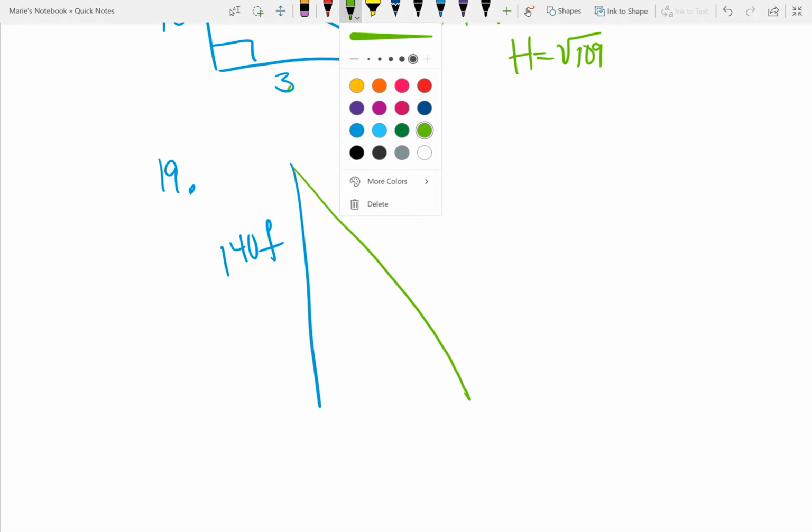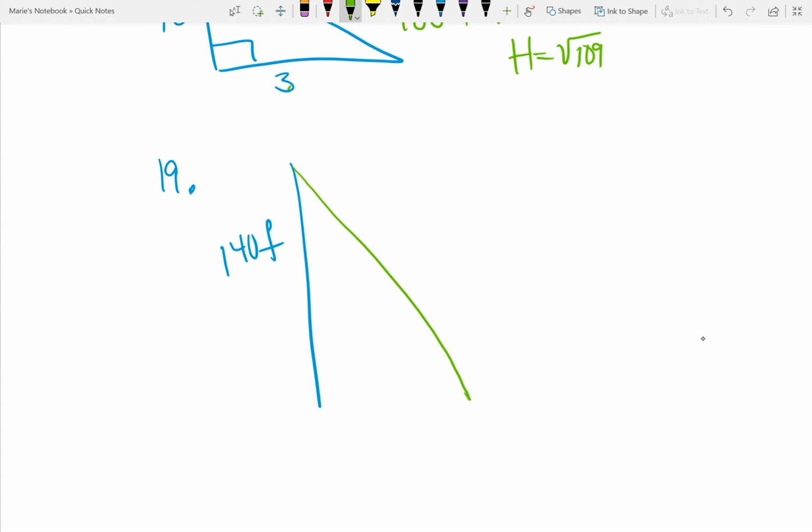If it is to be attached 8 feet from the top and is to make an angle of 25 degrees. So I'm thinking that this is now connected here, 8 feet above this connection point, and this total is going to be 140, so the remaining part is going to be 132. So this is all 132 from here down.